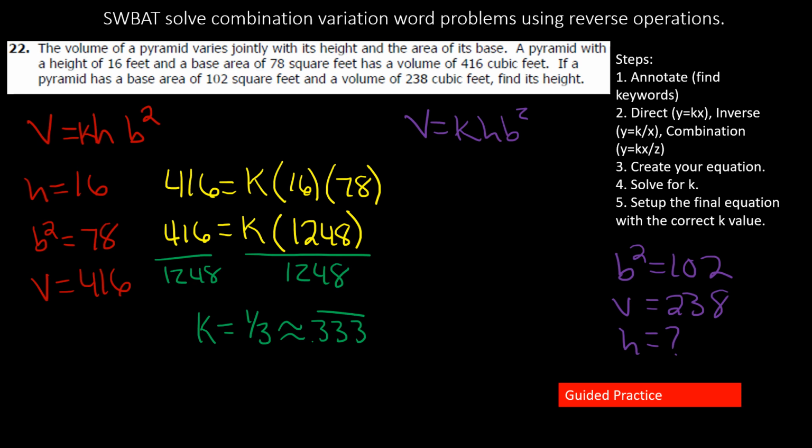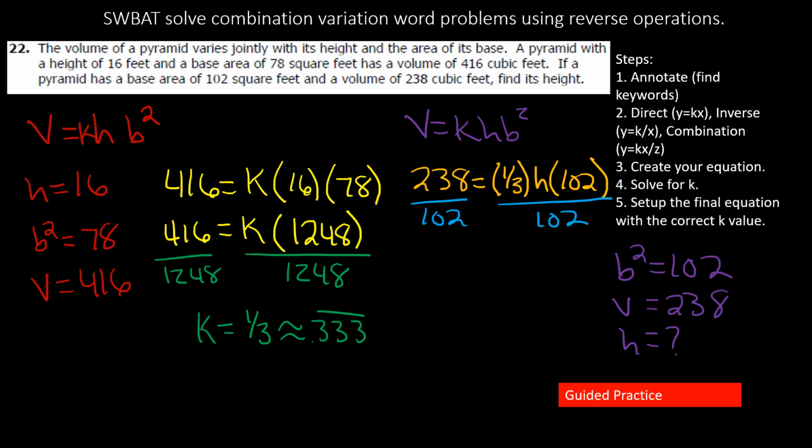We know that our volume is 238 equals K, which is 1/3. We'll leave it as 1/3 as that's the most accurate number. We're looking for H, and we know our base squared was 102. Okay, so just to make things a little easier on us, I'm going to divide everything by 102 first.